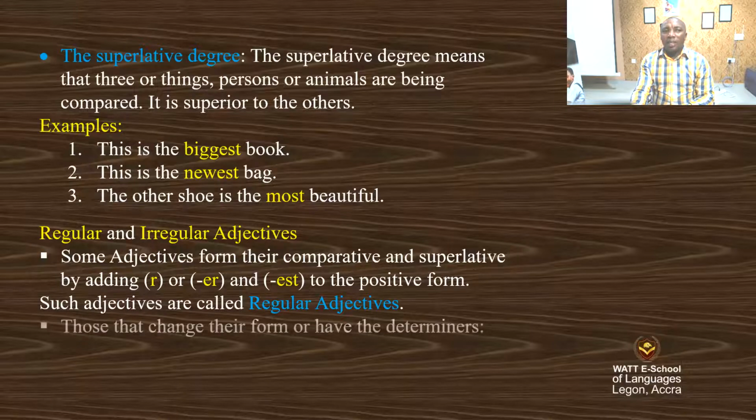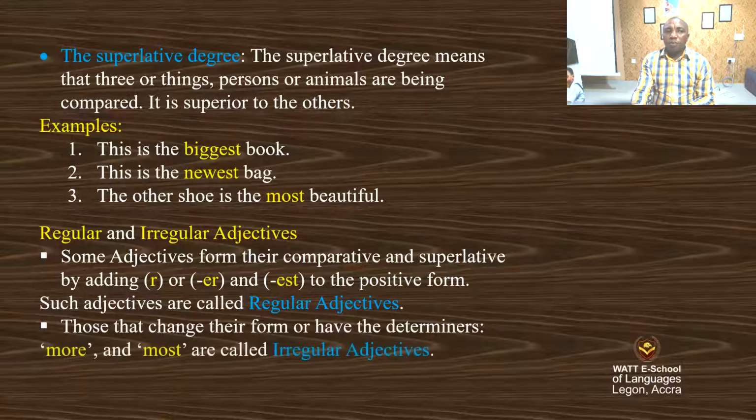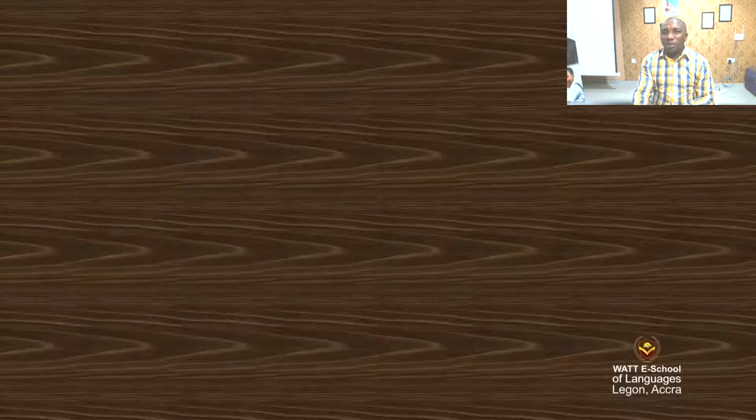The others, those that change their form or have the determinants more, most, are called irregular adjectives. It means that we have a set of adjectives that we need to add either more to form the comparative, or most to form the superlative. So we are going to have a look at a few of them as examples.